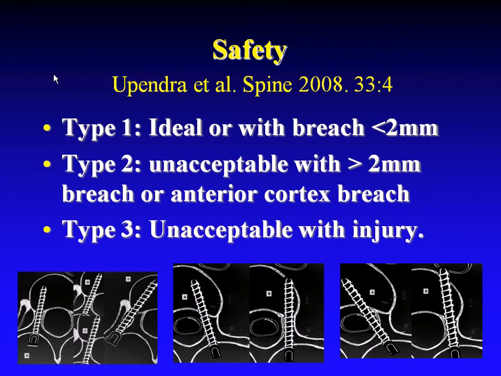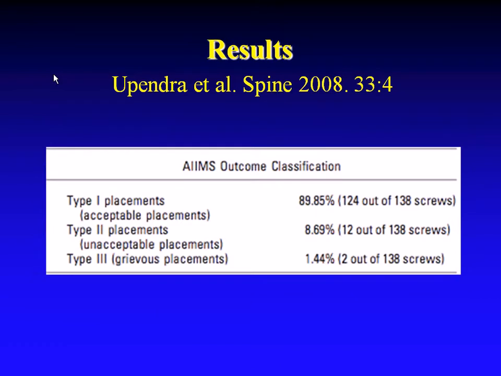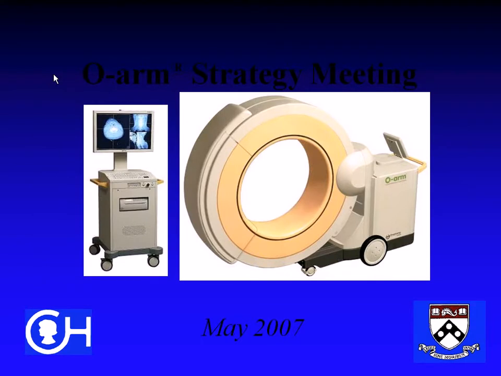We know that a hook in the canal occupies a certain percentage of the canal, and a screw certainly sometimes will be in the canal, but maybe less than what a hook would at that same level. So what is acceptable and what isn't is a subject of debate to some degree. And here's another outcome classification showing percentage of screws that are acceptable or unacceptable. But again, this 1.5% number is probably real.